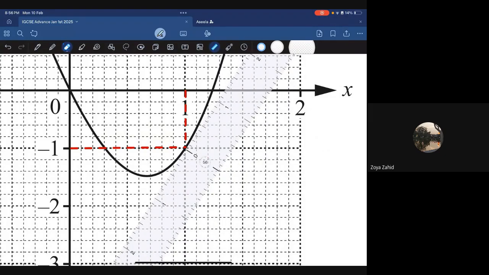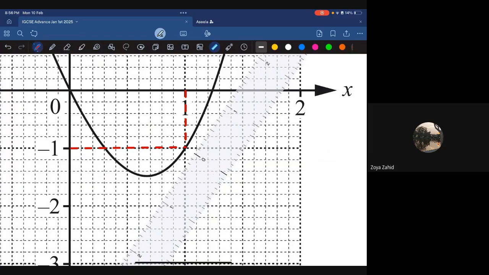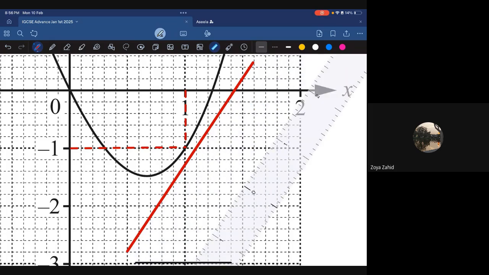Now, hopefully, I just need to touch the point. Yeah, it looks about right. Now what's going to happen? Clear the way?